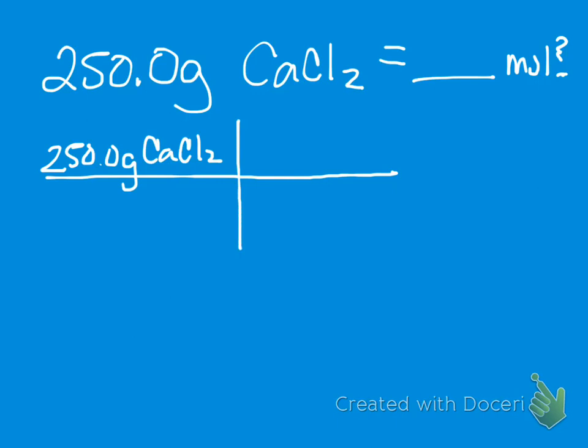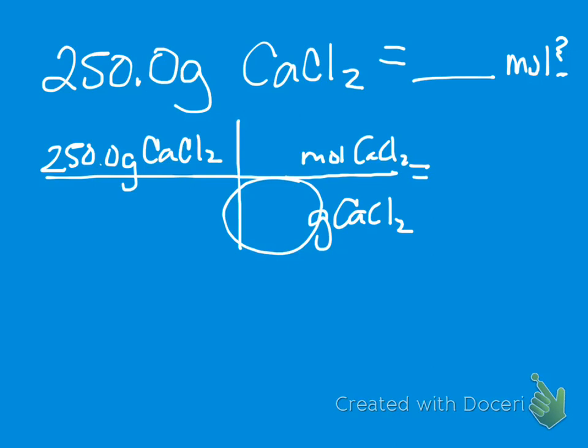Now, what units are going to go down below to cancel? Grams of calcium chloride. And we want to end up in moles. What units will go up top? Moles of calcium chloride.